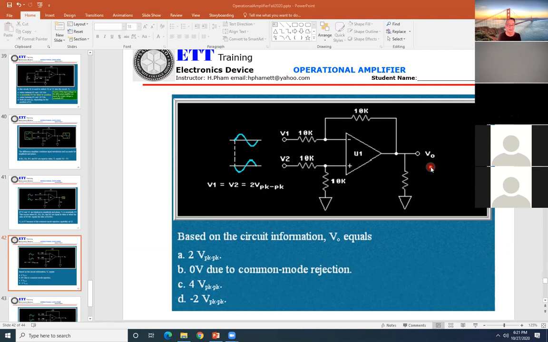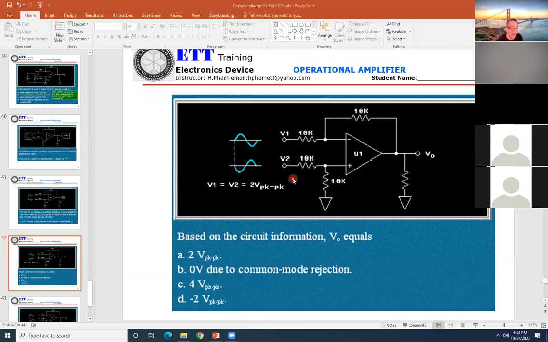In order to do it, as I already told you, you have to ground V2 and calculate V1 inverted. So the V1 output will be minus 10 divided by 10, which is minus 1, times 2 volt. Basically they will be inverted.